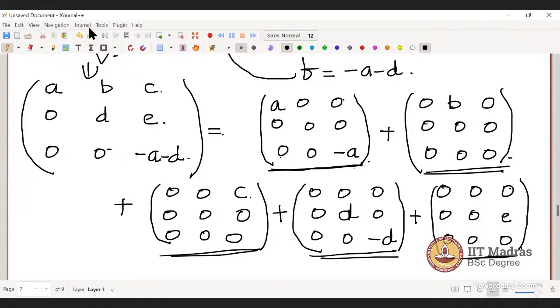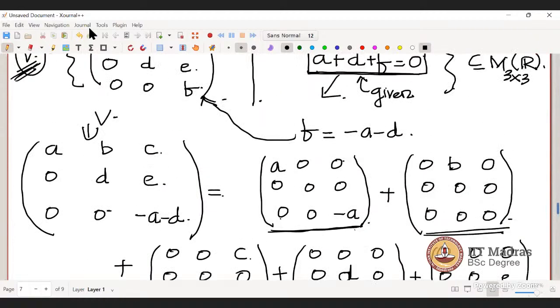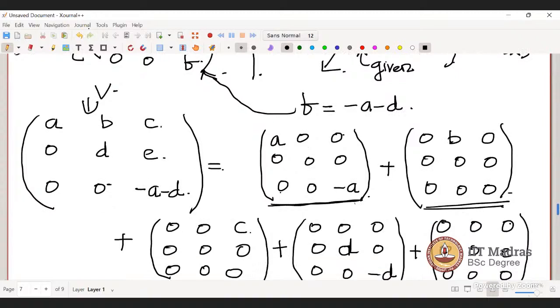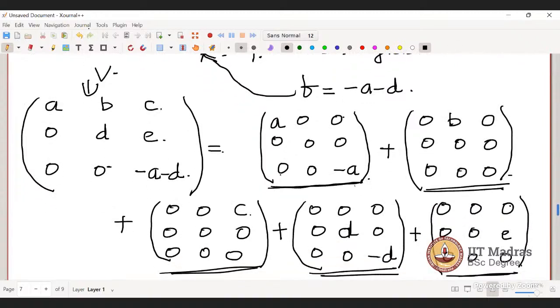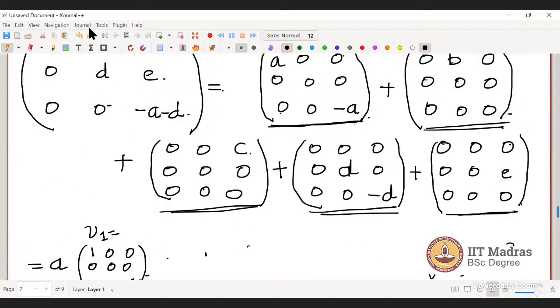So this is basically A times some vector, I will name it V1, which is 1 0 0 0 0 0 0 0 minus 1. If I take A out of this matrix, I will get this matrix.